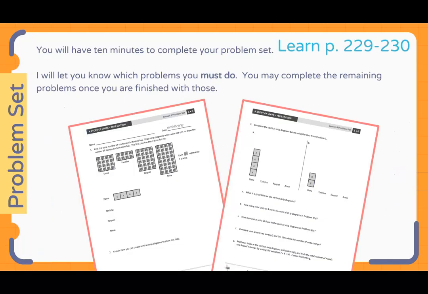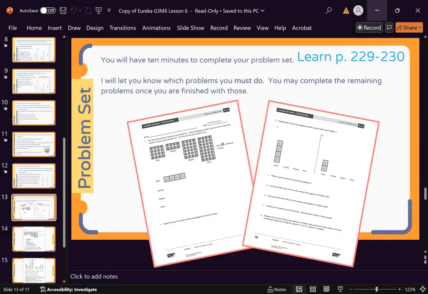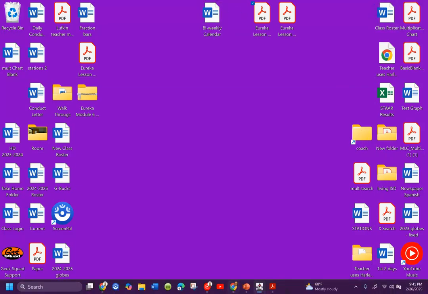Get your Learn book, page 229 and 230. Okay, all right, here we go. I'm going to switch over.